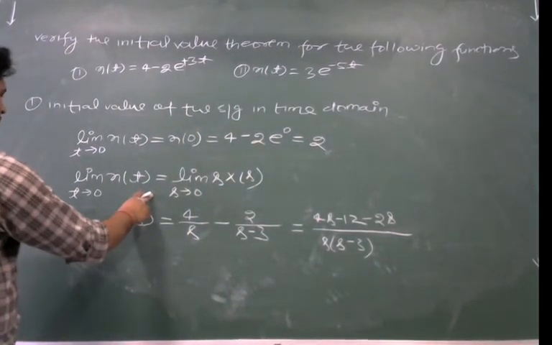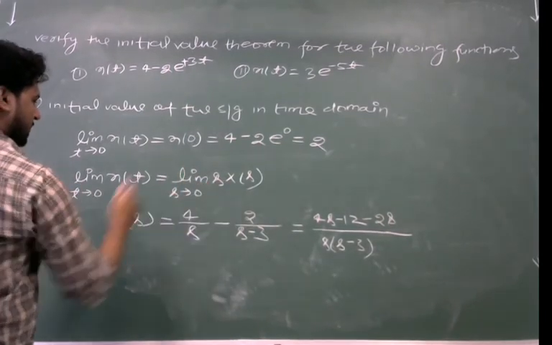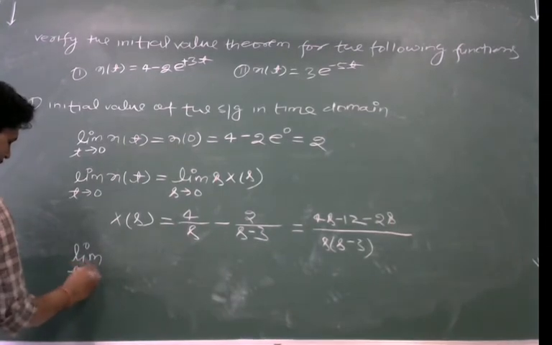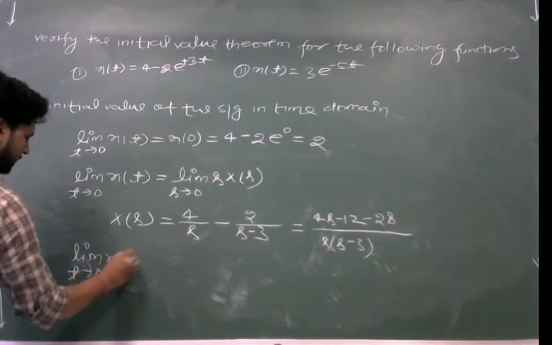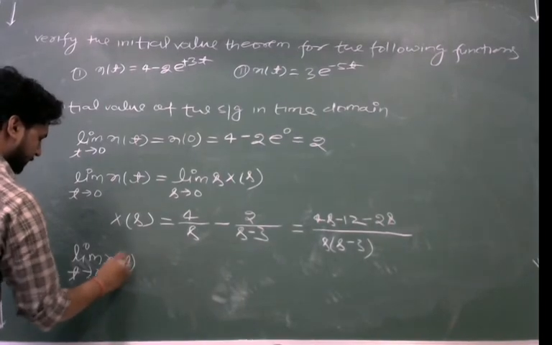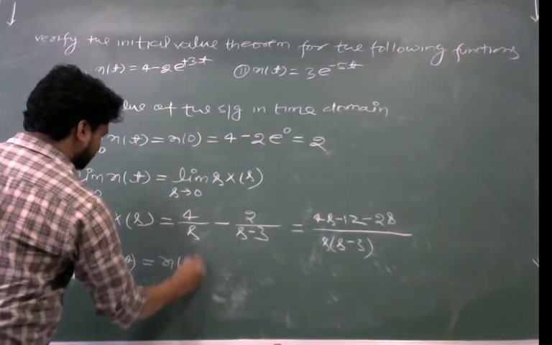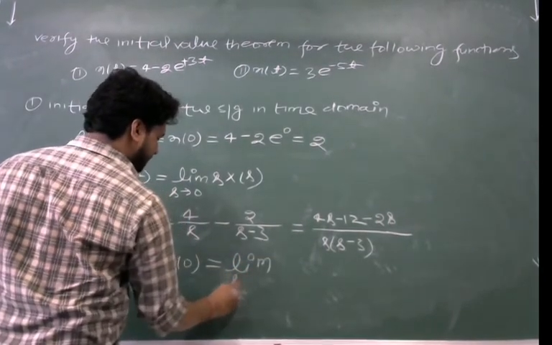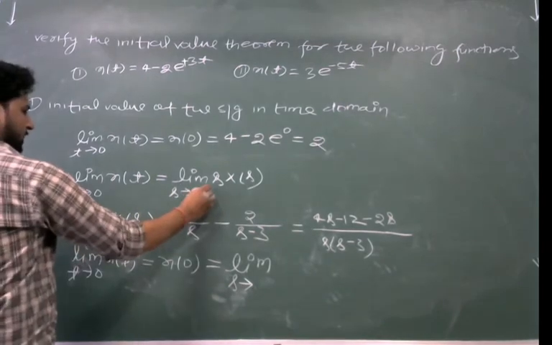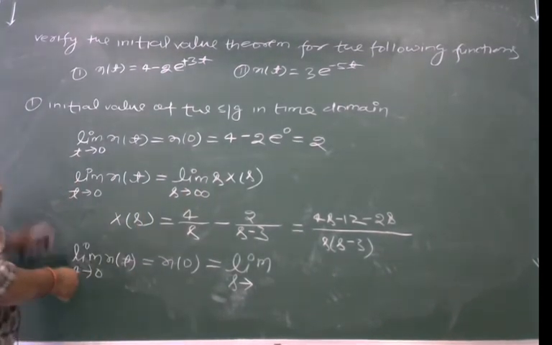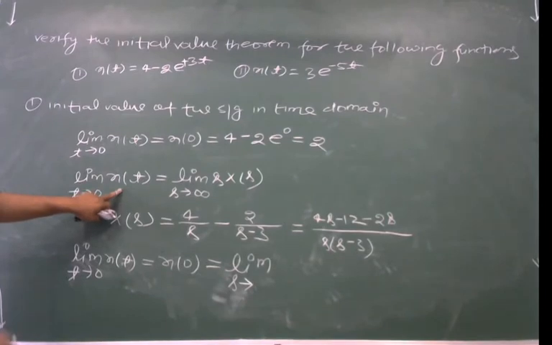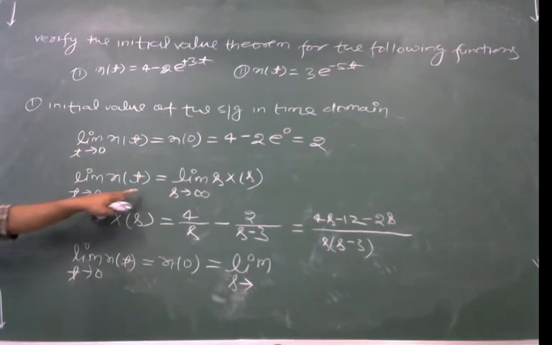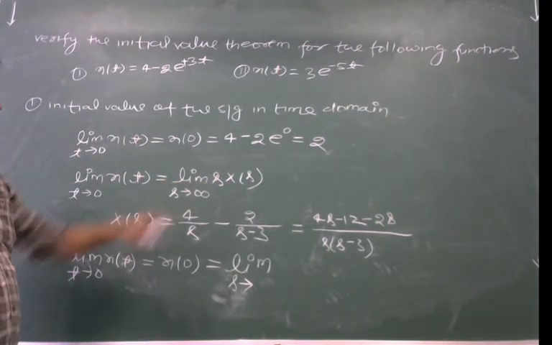If we put the value of x of s in this relation, limit t tends to 0 x of t, which is equal to x of 0, will be equal to limit s tends to infinite, because we are using the initial value theorem, and the initial value theorem says that limit t tends to 0 x of t will be equal to limit s tends to infinite s into x of s.